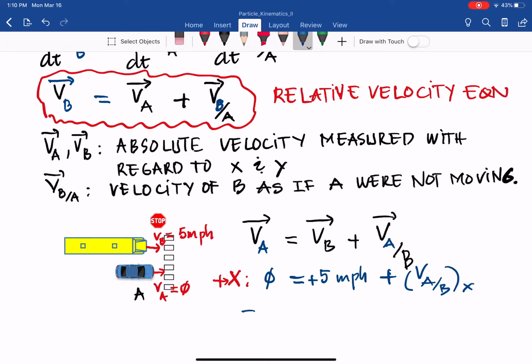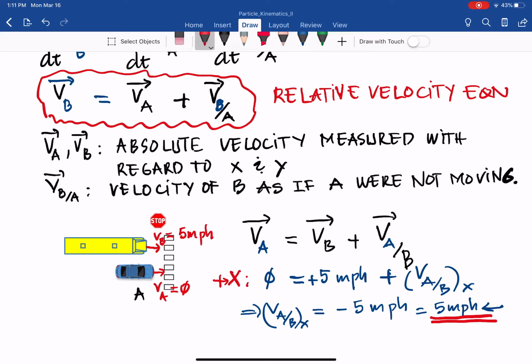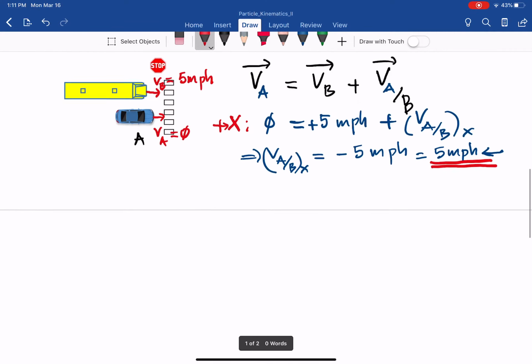From that equation, you get V_A relative to B, which is the relative velocity of your car, or you in the car, with respect to the bus in the x direction, equal to negative 5 miles per hour, or 5 miles per hour going to the west. It means as if you are backing up. So that example shows you the importance of the relative velocity. With that, let's move on to the acceleration.